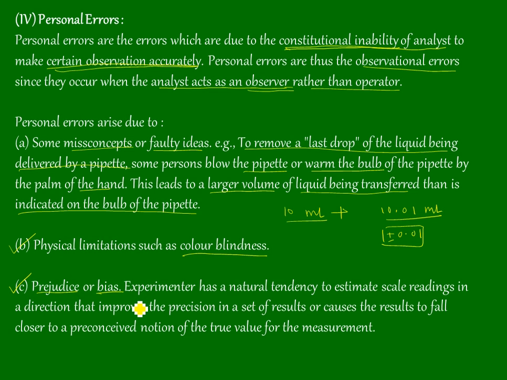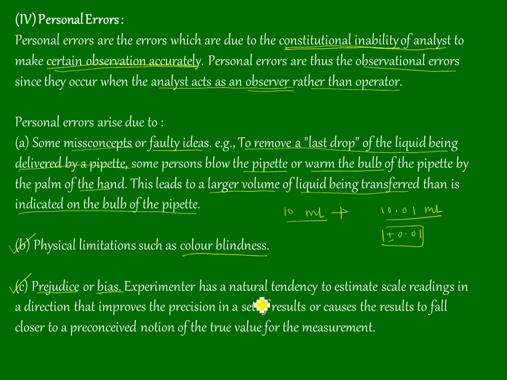Prejudice and bias can definitely lead to an error, because the analyst himself knows some readings, he has some ideas about the results, and his tendency will be to get those results which are in his mind.